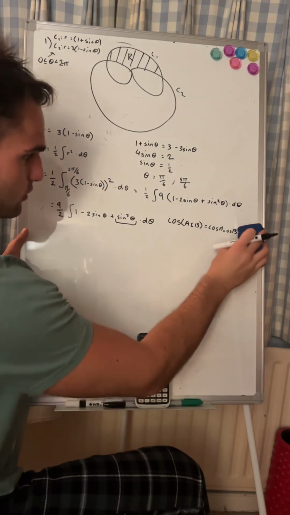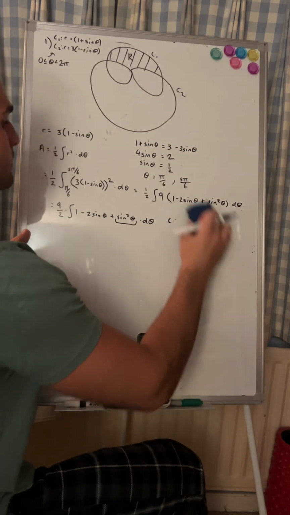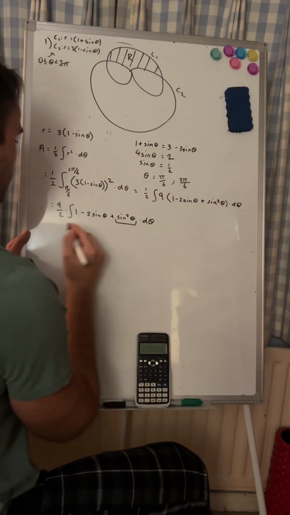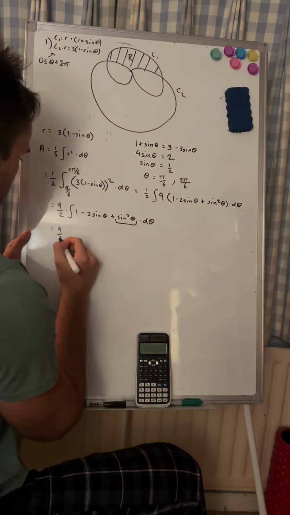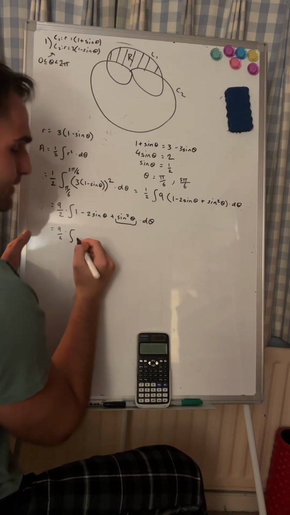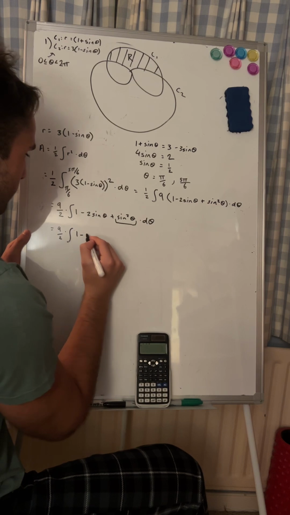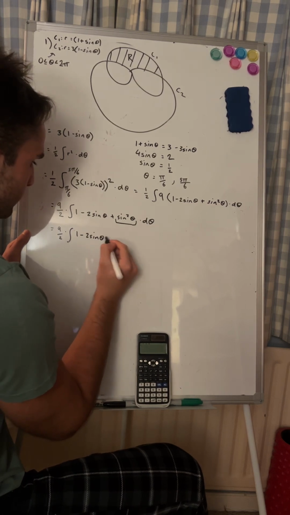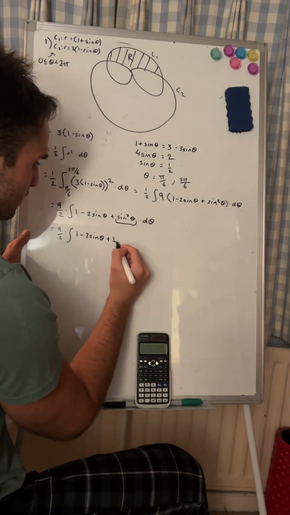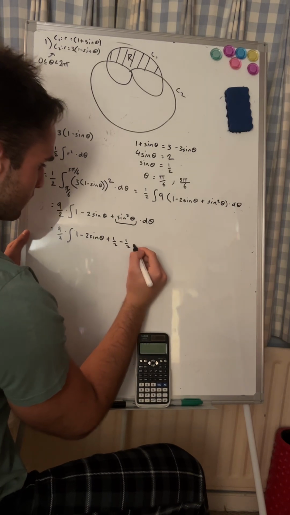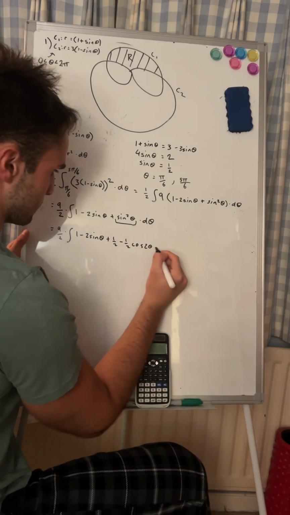And then you get some squares, and then you rearrange, and then you get this. I just said go and watch one, and I explained it 2 seconds later. So we have 1 minus 2 sine theta plus a half minus a half cos 2 theta times d theta.